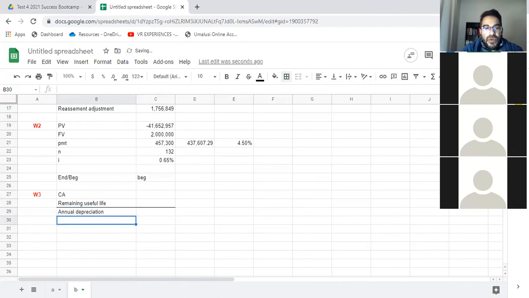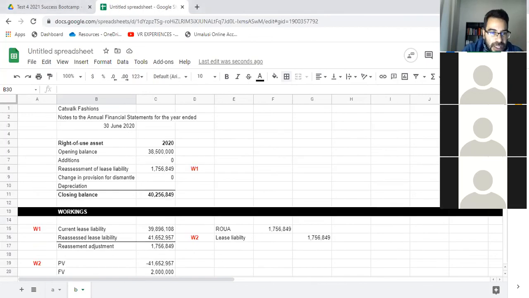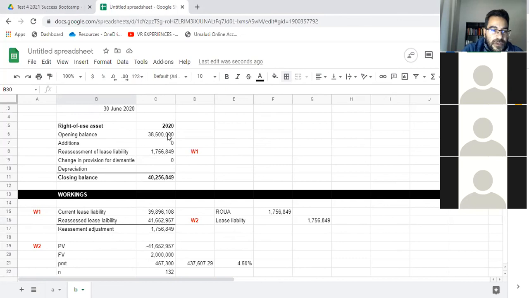Okay, so all we're going to do is work out what is depreciation. Depreciation will be whatever the carrying amount of the right of use asset is before depreciation. As you can see, that is 4256.